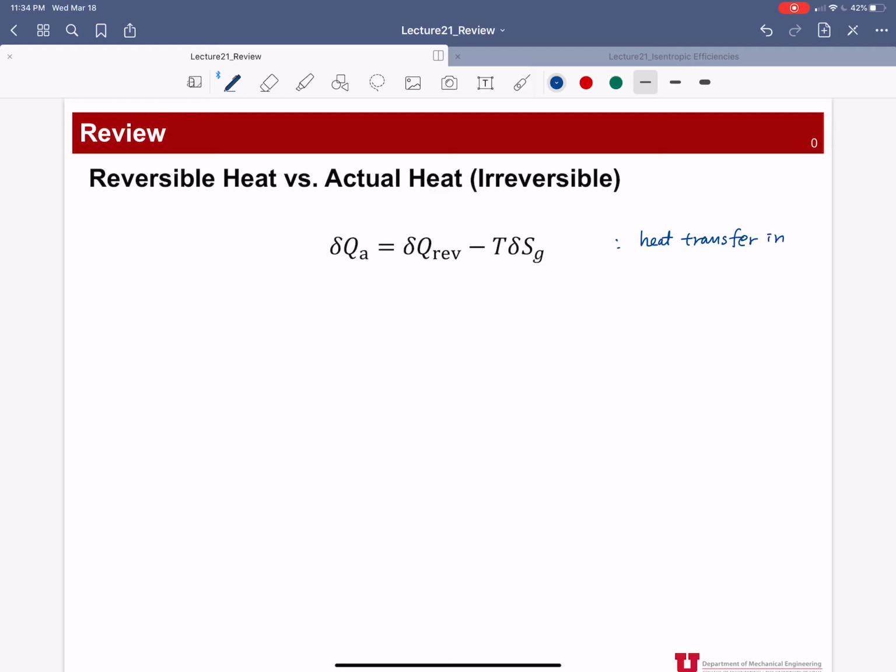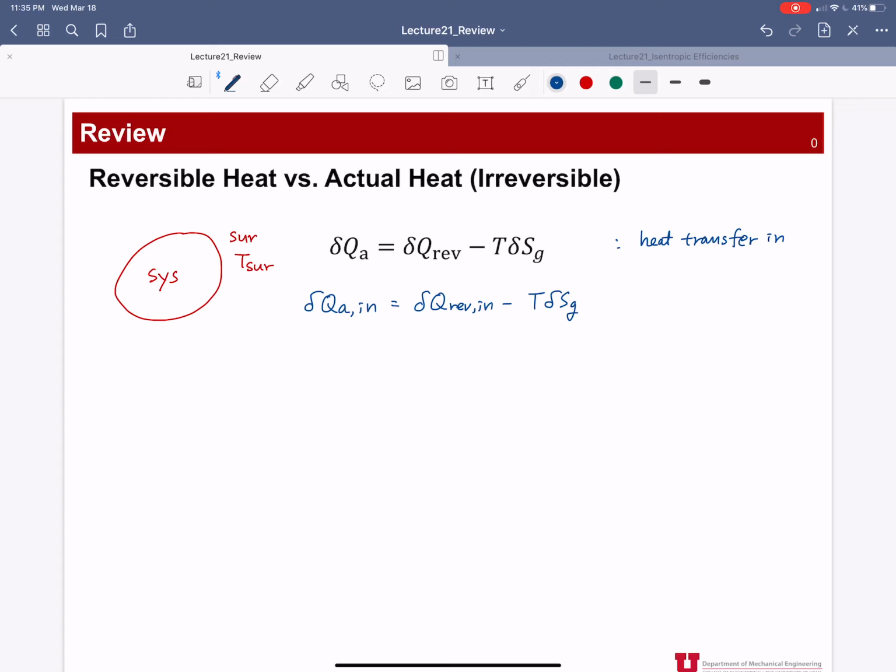So this equation is intrinsically true for heat transfer in. Let me rewrite the same equation, emphasizing that it is heat transfer in. The actual amount of heat transfer in should be the reversible amount of heat transfer in minus T delta Sg. Now, let's think about your system surrounded by your surroundings, where the temperature of the surroundings is defined as T sub SUR.